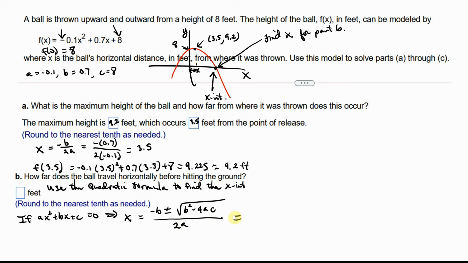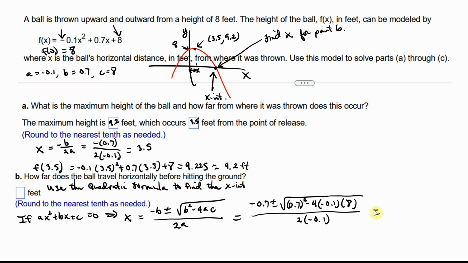So we got negative b, where b is 0.7, plus or minus the square root of 0.7 squared minus 4 times a, that's negative 0.1, times c, that's 8, all over 2 times a, that's negative 0.1.